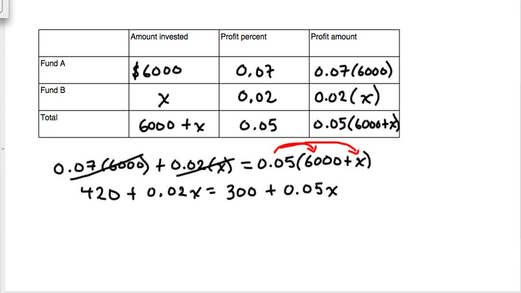What we'd like to do is get one side with nothing but variables, the other side with nothing but numbers. So let's move all the variables to the left and all the numbers to the right. To move the numbers to the right, we're going to subtract 420 from both sides. And to move the variables to the left, we're going to subtract 0.05X from both sides of the equation.